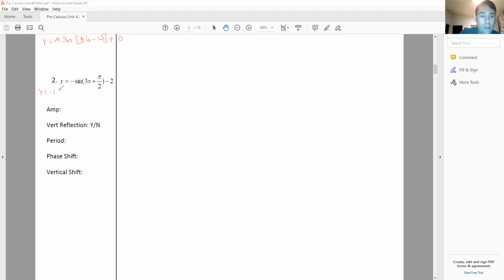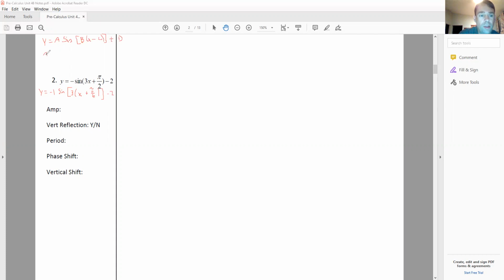So there's my a value. I have to factor out that b value. So when I factor out a 3, that's the same thing as multiplying by 1/3. So when I factor out a 3, this becomes pi over 6. That seems to be the most missed thing, is making sure to factor out your b value.